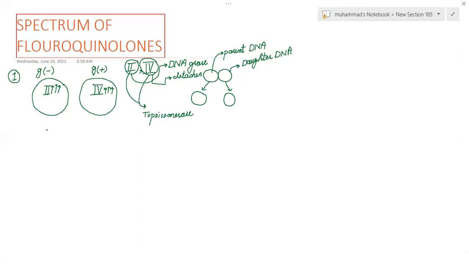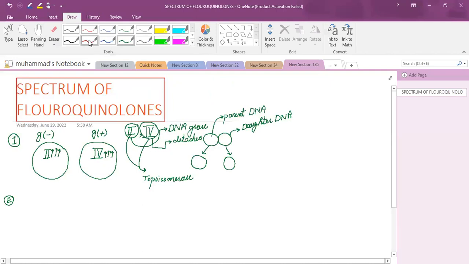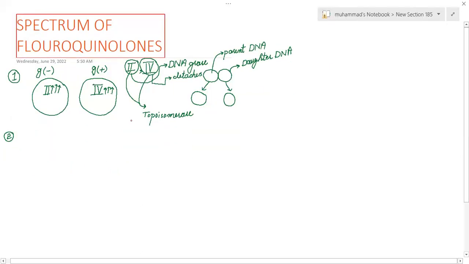Okay, this is the first thing that we should know before we start the spectrum of fluoroquinolones. Second thing is that there are 4 generations of the fluoroquinolones: first generation, second generation, third generation, and fourth generation.